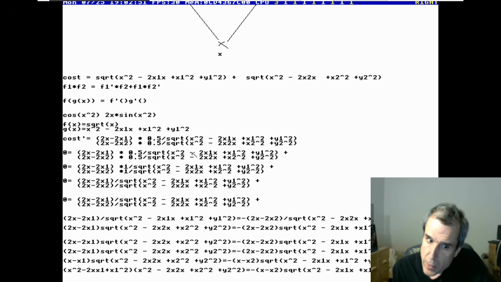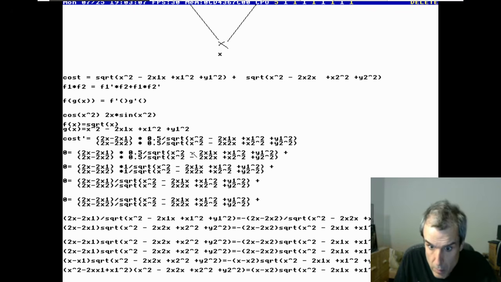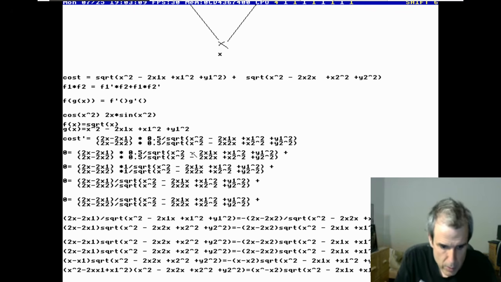You can square both sides, can you not? Multiply by itself. Of course. Okay. Squared.